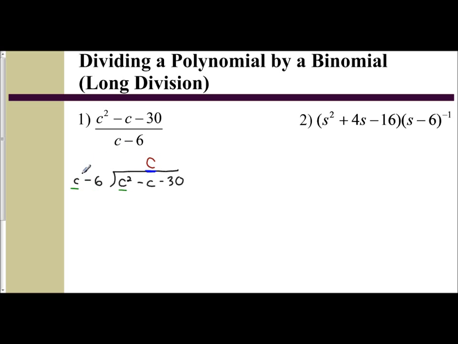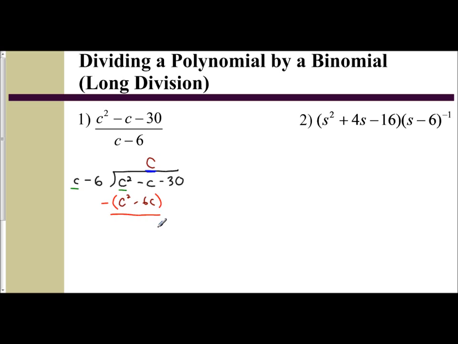So c times c is going to give me c squared. And these two terms should always match because you're trying to eliminate it. C times negative 6 is negative 6c. Now, you have to remember when you're doing long division, the whole point is to subtract what you have.